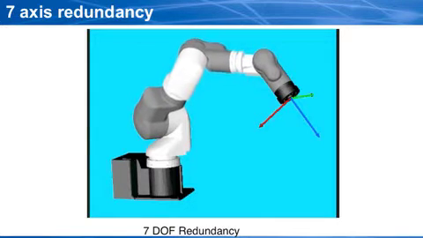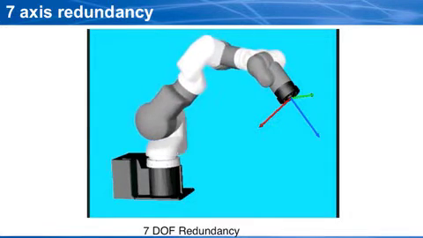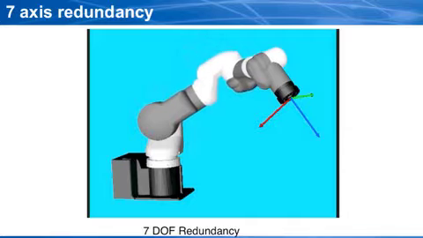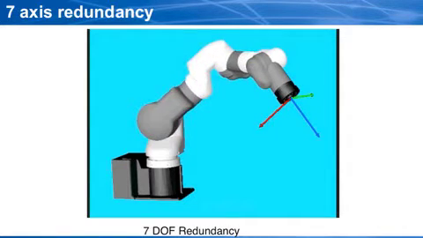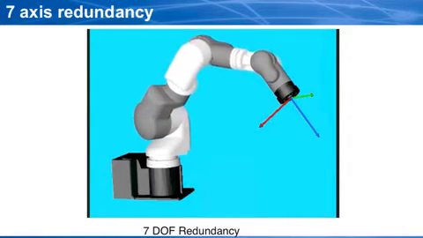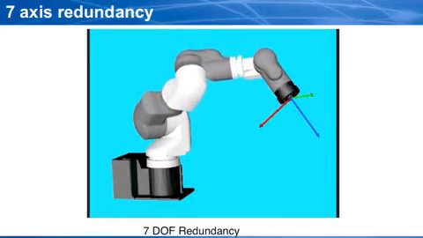On the other hand, a 7-axis robot lets you choose not just the position and the orientation, but also the configuration. It's as if by adding one axis, you have gained another whole programming flexibility.